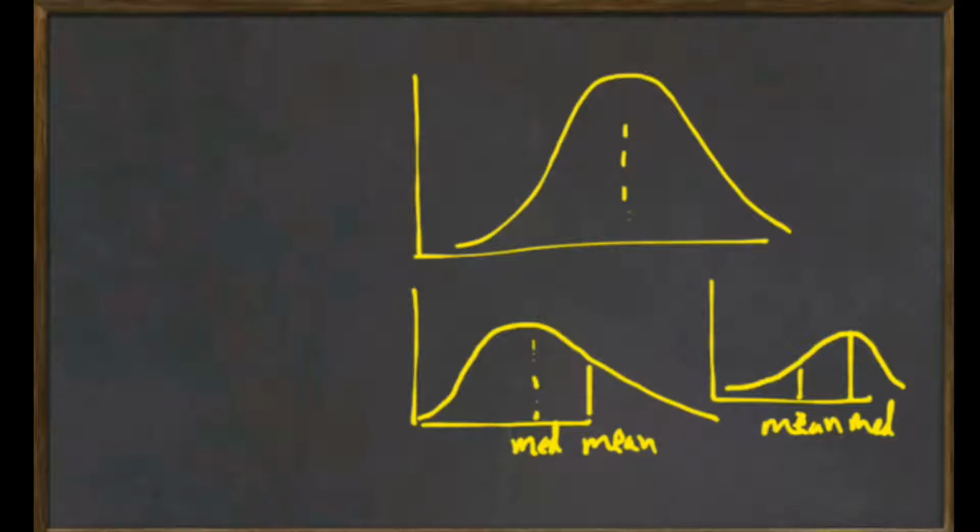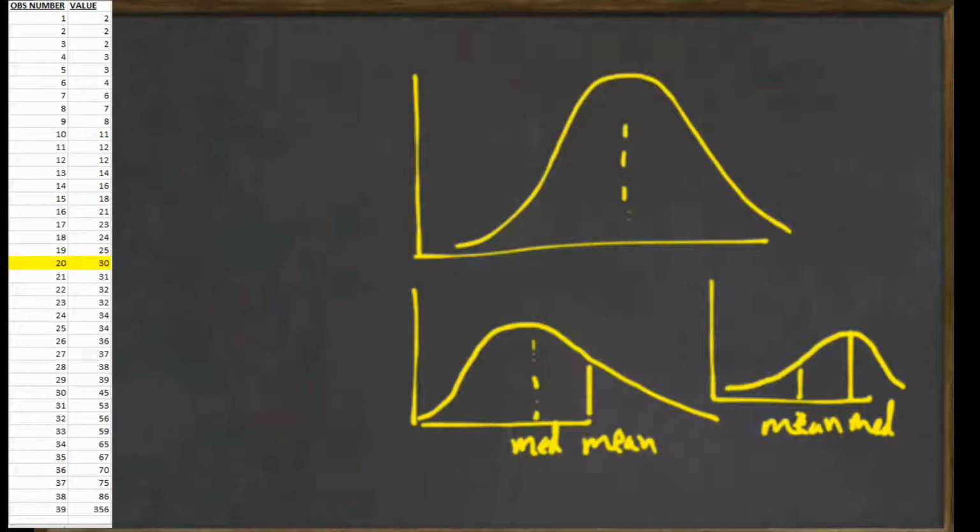So let's look at some actual data here. This is the data we used when thinking about the percentiles. And remember, of course, the median being that center percentile, the 50th percentile, is the second quartile. What we have here is 40 observations, or 39 for ease of computation.